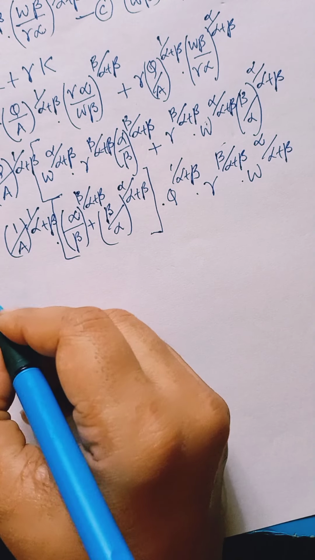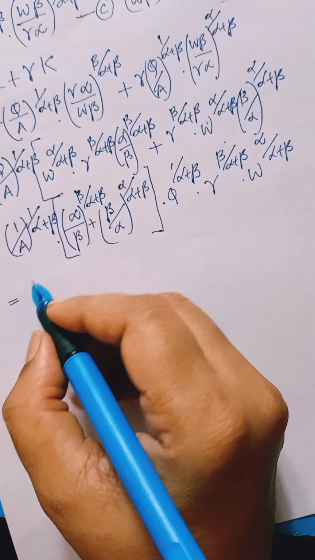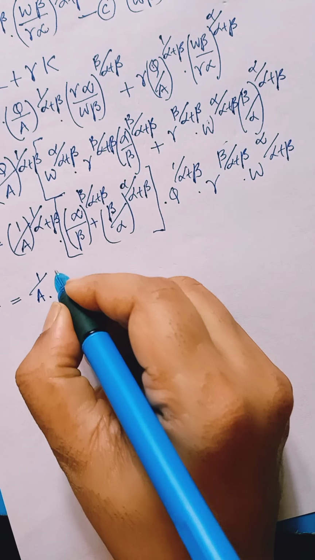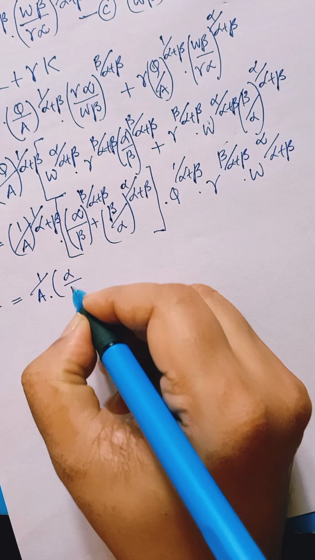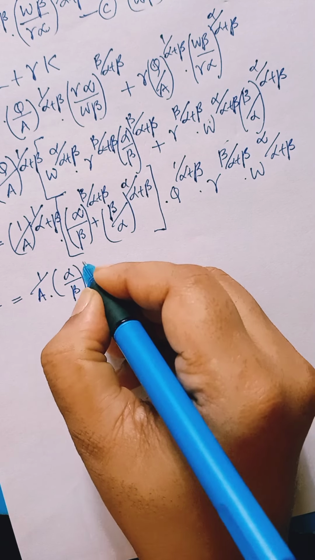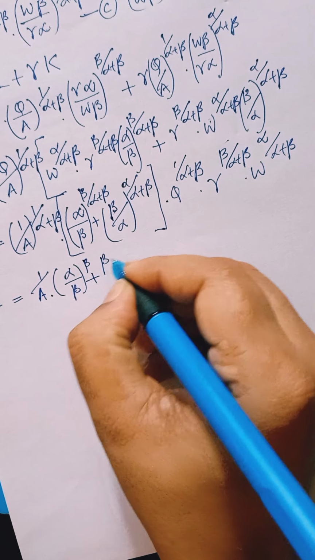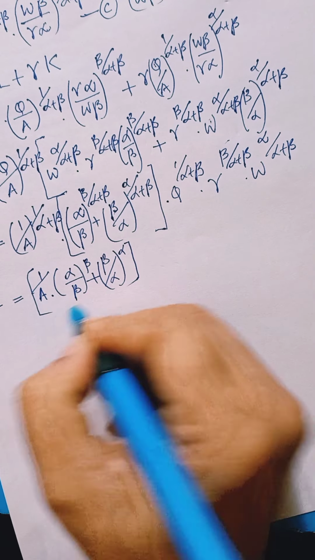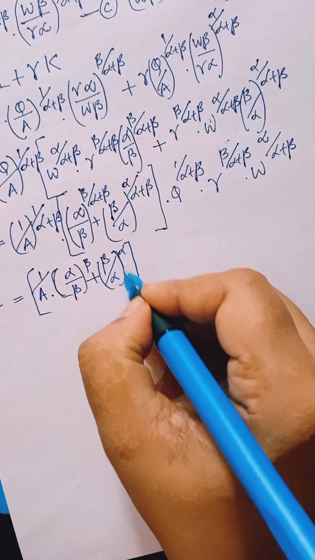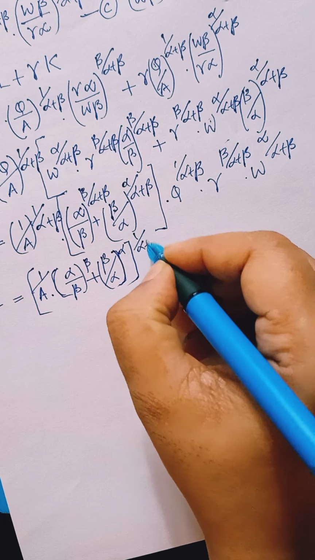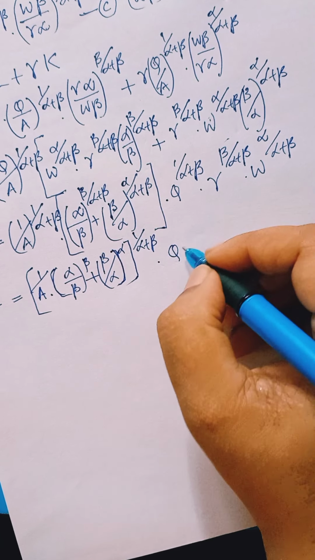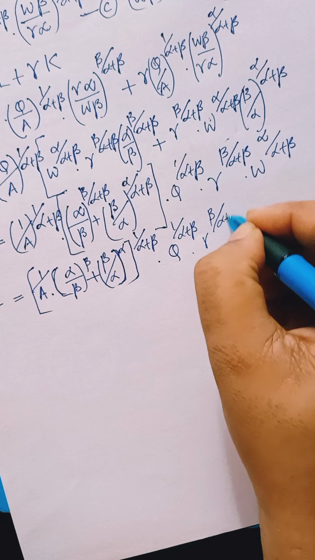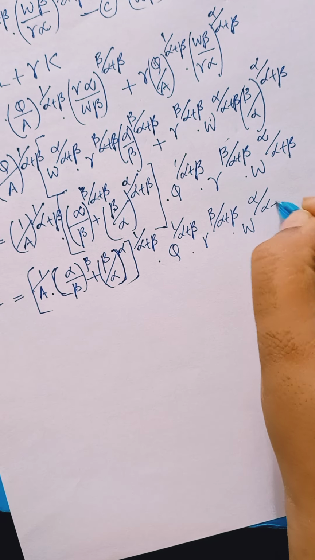That is again, C is equal to A into 1 by A raised to 1 by alpha plus beta into [(alpha by beta) raised to beta by alpha plus beta plus (beta by alpha) raised to alpha by alpha plus beta] into Q raised to 1 by alpha plus beta, R raised to beta by alpha plus beta, W raised to alpha by alpha plus beta.